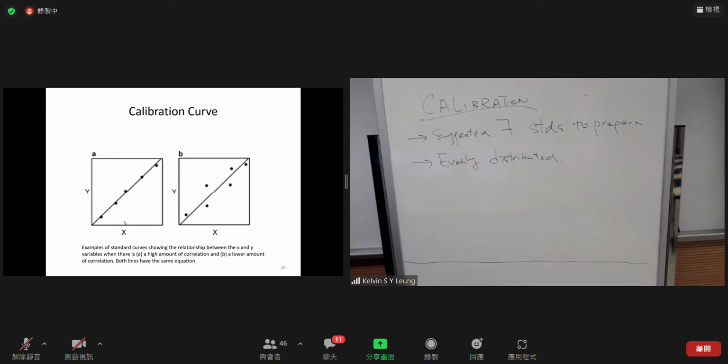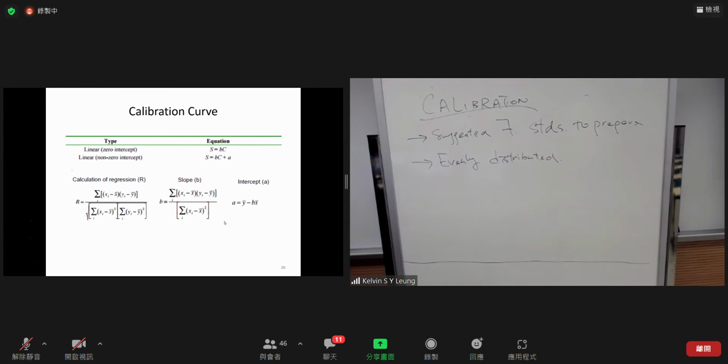So of course A will be better, okay, to claim as a linear one. So normally you will have to use some of the equations to calculate, okay?